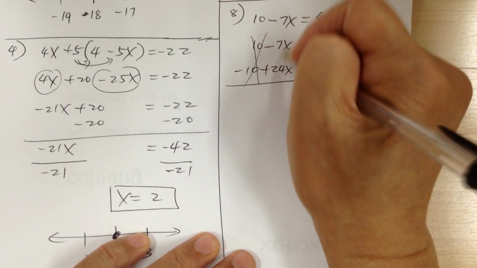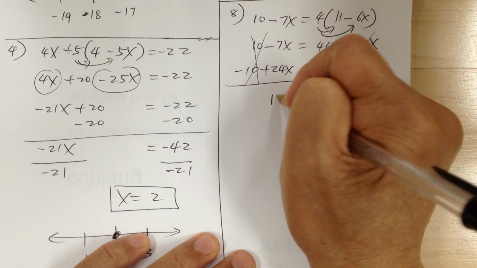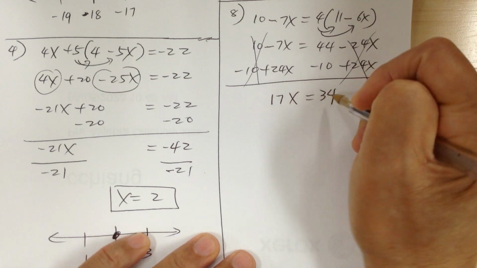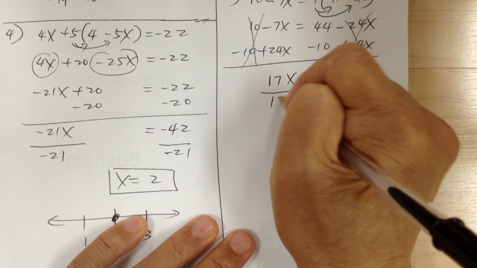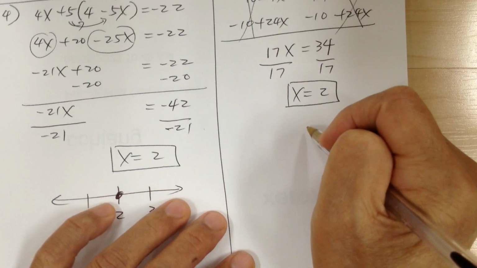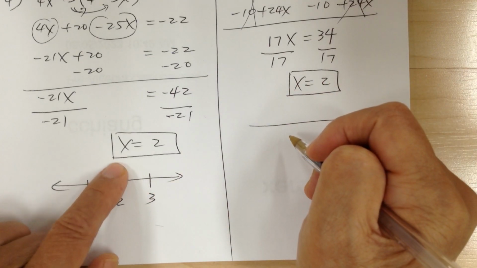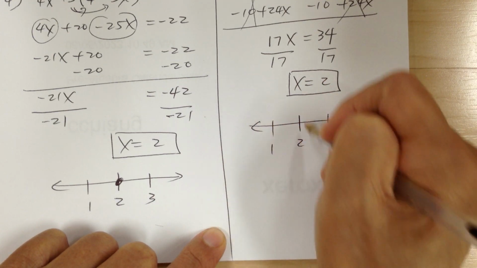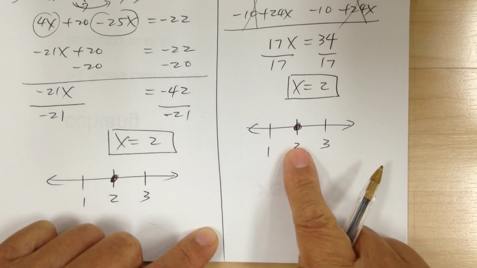So this will give you 17x equal to 34. Divide both sides by 17, so x will equal 2. And again, to graph that, it's going to be just like this one here. So it'll be 2, 3, and 1, and put a dot right over here.